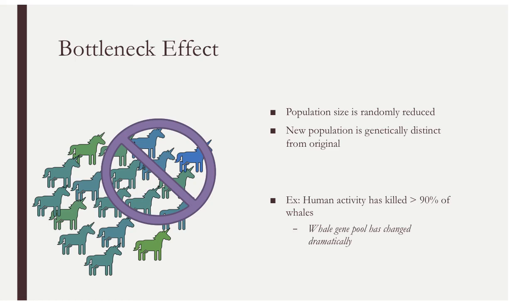We've killed over 90% of whales, of actually most large mammal species. And because of that, their genetic makeup is much, much narrower. They have a way smaller gene pool. And so this is an example of the bottleneck effect, because you've lost all the genes that might have been part of the original population.